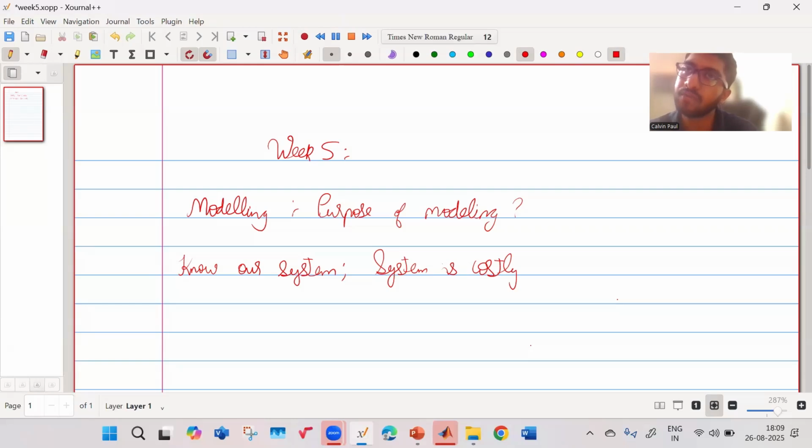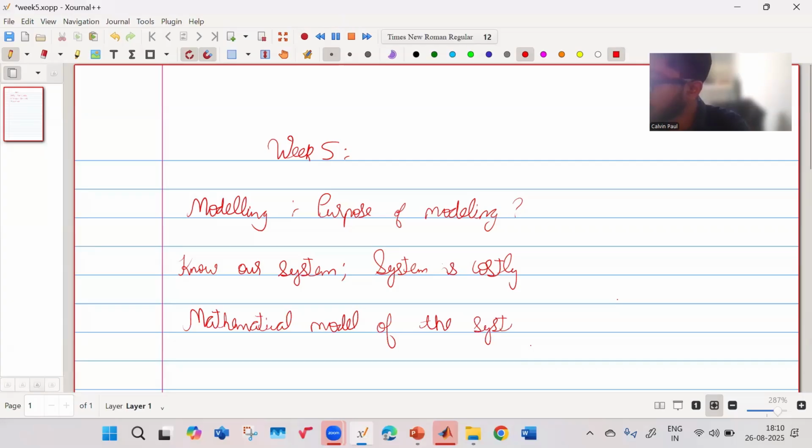We want that guarantee, and your mathematical model will give that. So we get what is known as a mathematical model of the system.